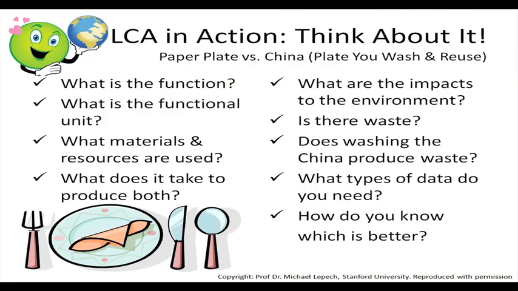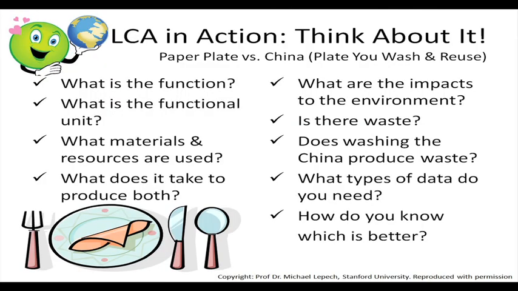Say we take 30 meals. For serving 30 meals we need 30 paper plates. In a normal scenario, we can use one China plate, and it has to be washed 29 times to use for 30 times, assuming that the first time it is already washed. So the functional unit is, say, 30 servings of meal.